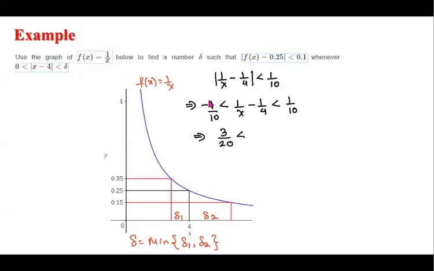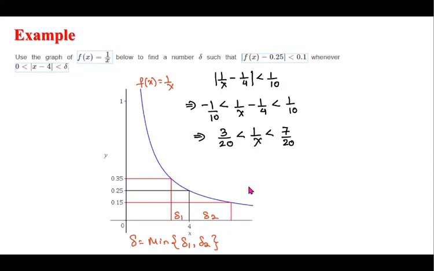So 3 over 20 is less than 1 over x, because when you add 1/4, that gets canceled. And on this side, it will be 1/4 plus 1/10, which is equal to 7 over 20. We are not interested in 1 over x, we are interested in x. That means I have to take the reciprocal.